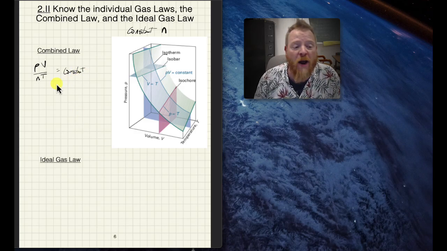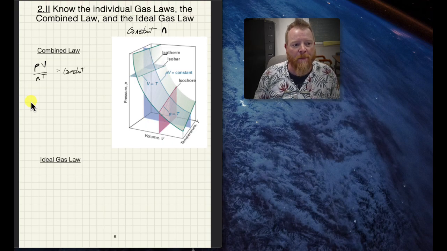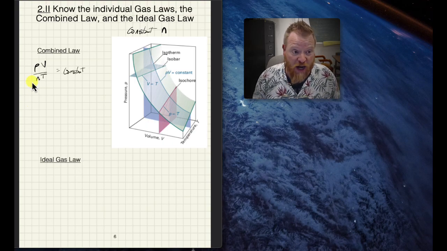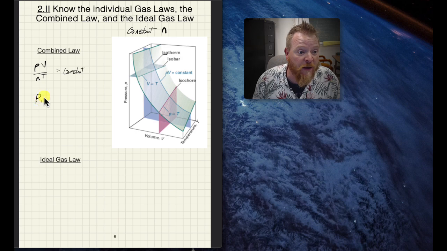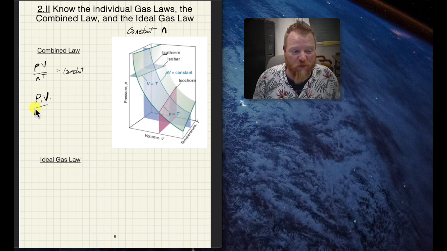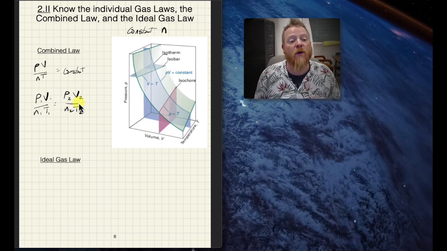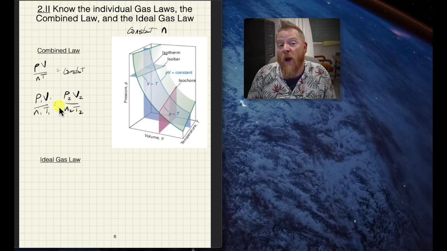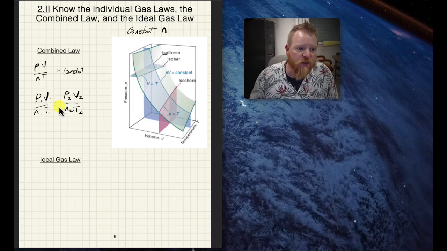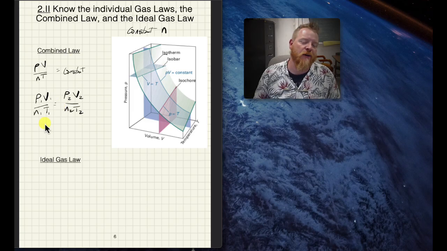Another way that we can write this is if we allow our conditions to change in some sealed container, where the number of moles can remain fixed, and I'll still write that as N1 for now, okay, then we would see that if we could change any one of those things in our condition, that they would also have to change in this proportional way. So that's what we think of as the combined law.